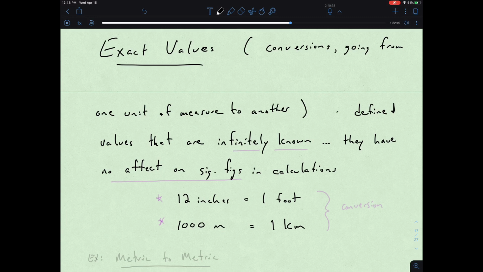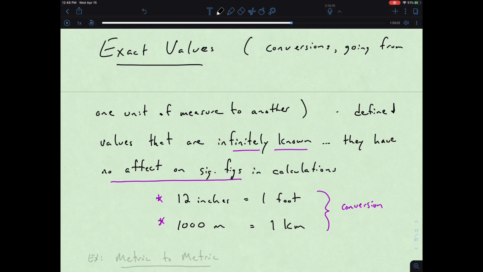So these ideas are infinitely known, and really what this is, is a conversion. If I want to be in inches, or do I want to be in foot or feet? Do I want to be in kilometers, or do I need to be in meters? And so basically these are conversions for us, and they have no effect on sig figs as far as the calculation goes.